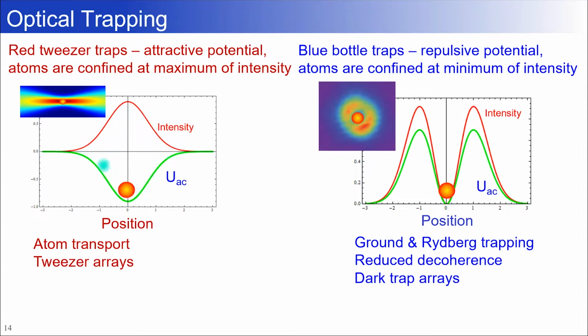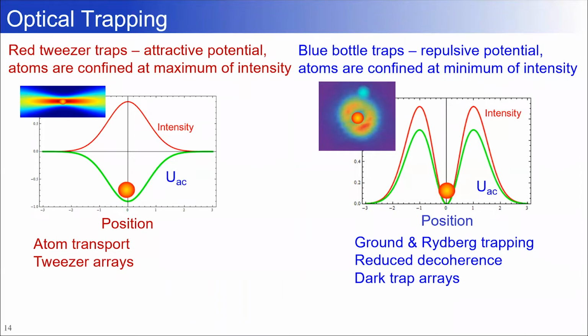I get a trapping potential or a light shift that looks like this, and the atom will be trapped down here where the intensity is high. So that's great for moving atoms around, for rearrangement, as we'll see in a moment, and a relatively straightforward way of making large arrays of many so-called tweezer traps. In some sense, it's not ideal because the atom's sitting at a location where there's lots of laser light. So any noise on the laser light gets transferred onto the atom and can degrade the coherence.